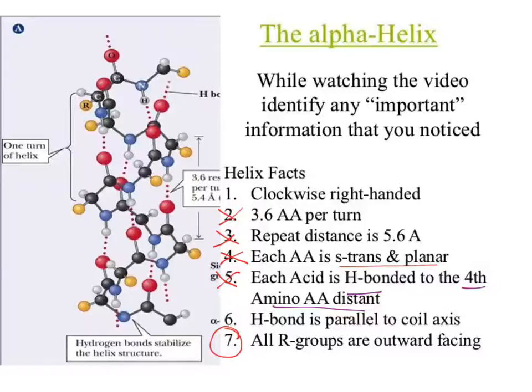Have we seen this whole right versus left thing pop up before? Chirality and stereocenters. Our amino acids all have a stereocenter and they're all consistent, which then is going to force chirality in anything that uses them. That's why we're seeing the clockwise right-handed.